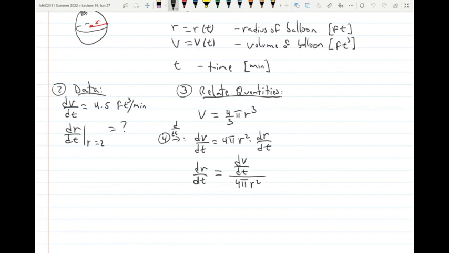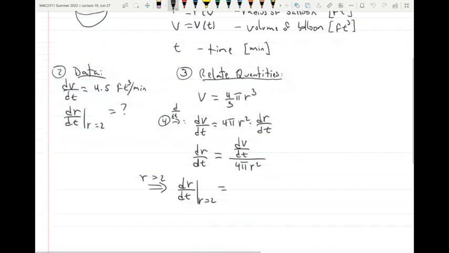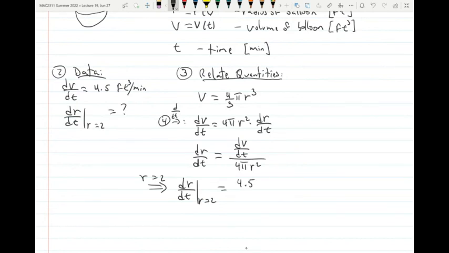Now let's plug in. So what do we plug in? r equals 2. So when r is equal to 2, we get dr dt. Now dV dt happens to be a constant all the time, regardless of what the radius is. So that's always 4.5. And then here we get 4 pi times 2 squared.